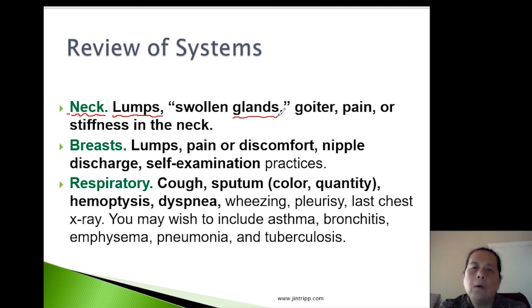We know the thyroid gland is located in the neck. Usually, when we talk about swollen glands, we talk about thyroid glands, so that's an illness of the thyroid gland. And also, the patient maybe has some pain or stiffness in the neck. So that's the neck problem.